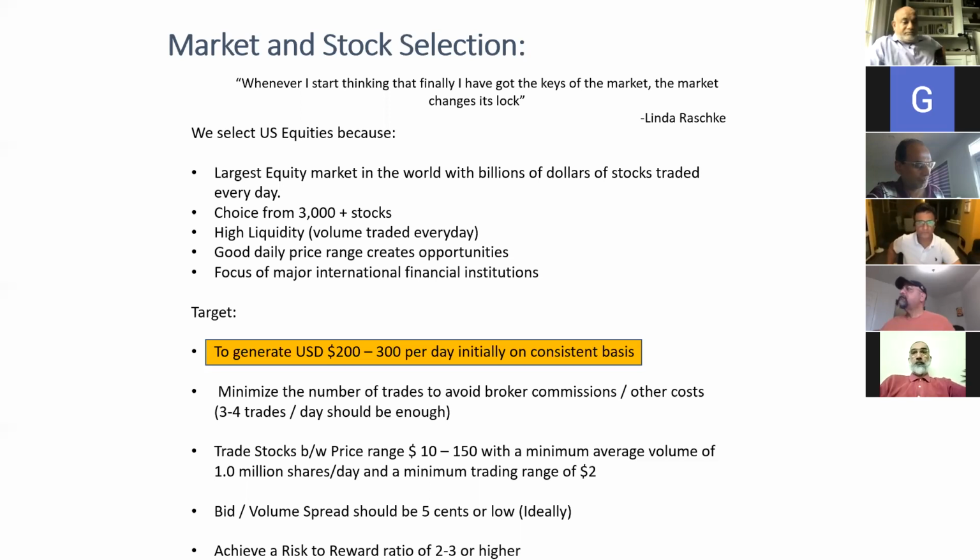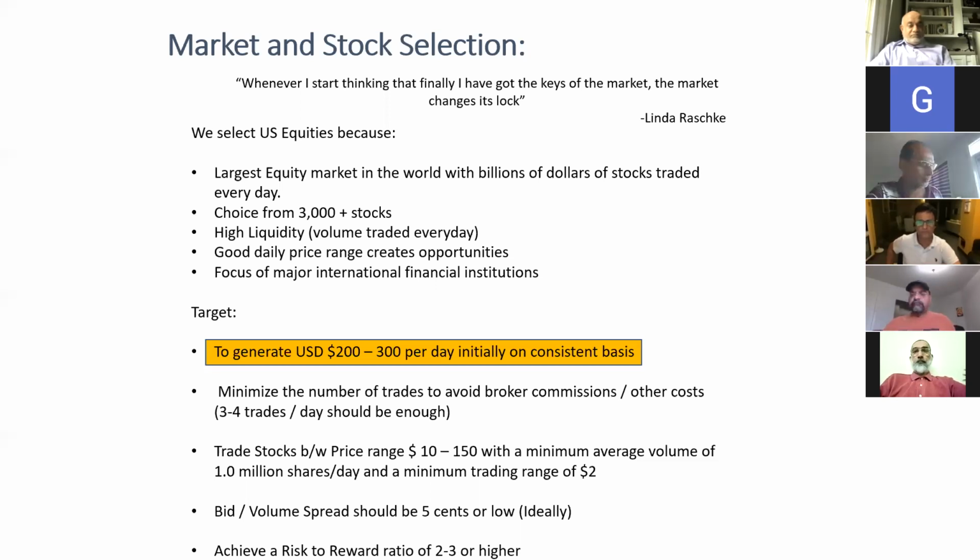Another thing is to have a bid ask spread of 5 cents or lower. Sorry, I said bid volume, but it's bid ask spread. What it means is that every stock has a spread. The buyers are offering, let's say, $30, and sellers are asking for $31. The spread is $1.